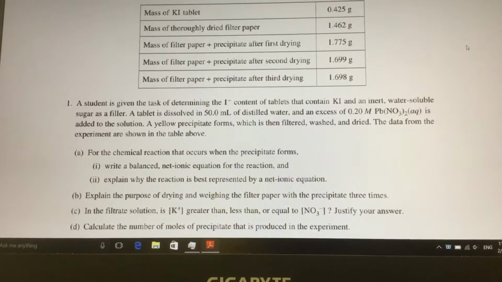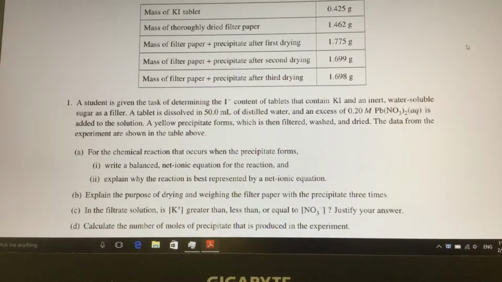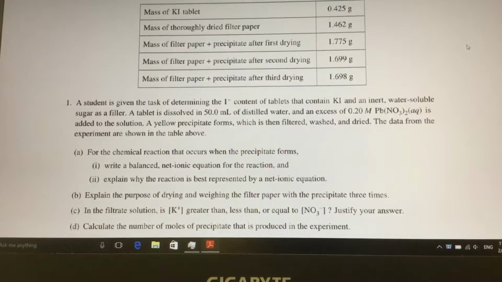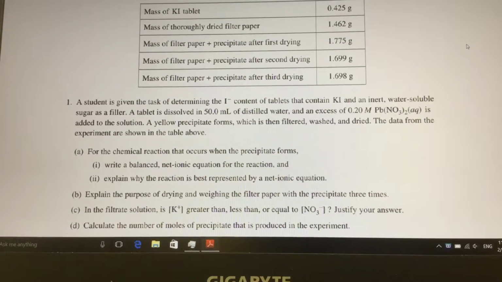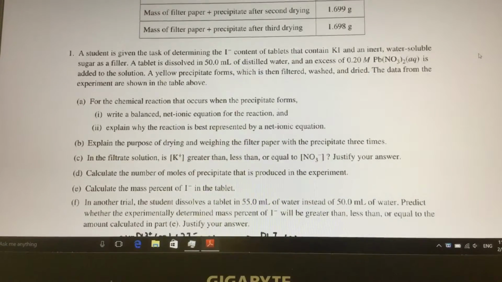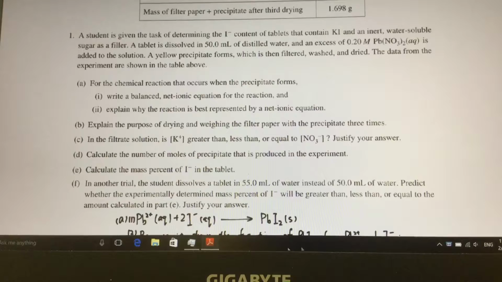So when it says net ionic reactions, we cannot contain any spectator ions, and therefore we have the solution here in the bottom.